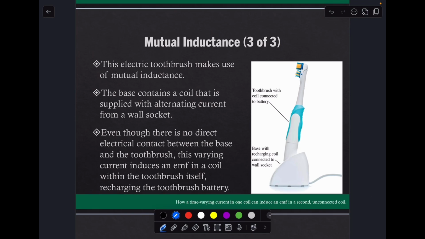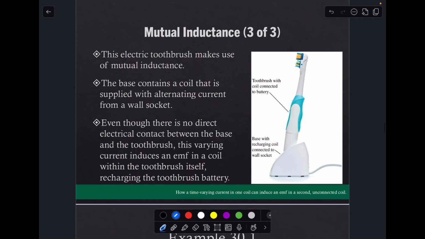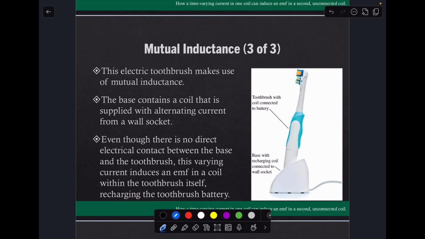I think a more everyday one is wirelessly charging your phone, right? If you have a newer phone, it may have wireless charging where you have a place to dock your phone. It's typically like a circle, and you stick your phone on top of it. Well, a wireless electric toothbrush operates on the same principle. Basically, this part is connected to the wall, which sends in an AC current, right? A current that changes with time.